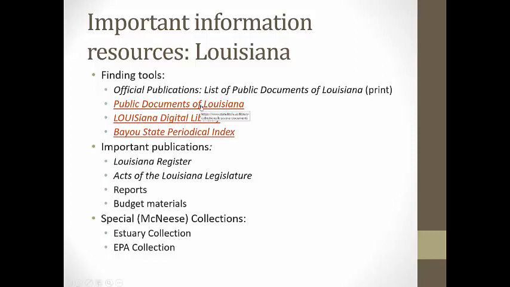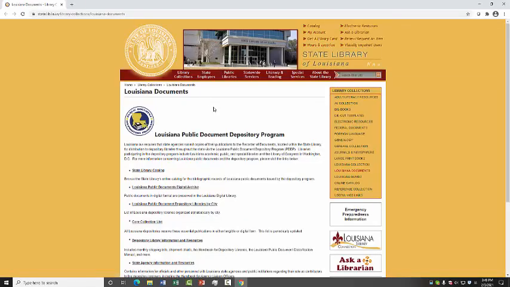Then we have the Public Documents of Louisiana, and this is by the State Library of Louisiana. And here you have the Louisiana Public Documents Digital Archives, and public documents in digital format are preserved in the Library Digital Library.